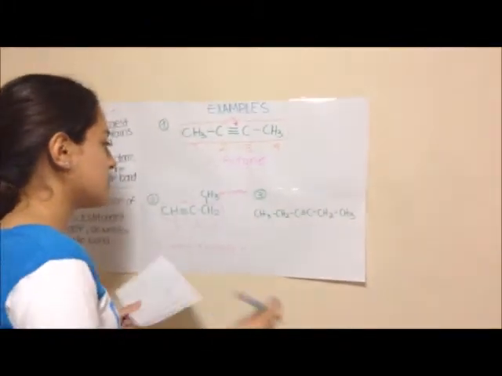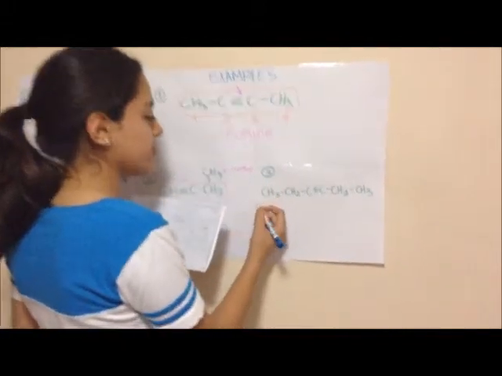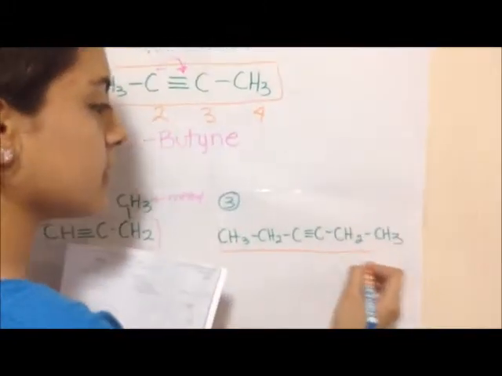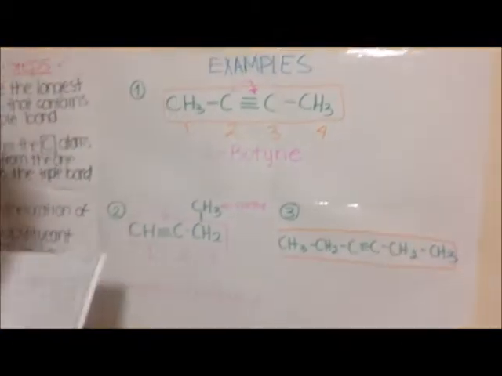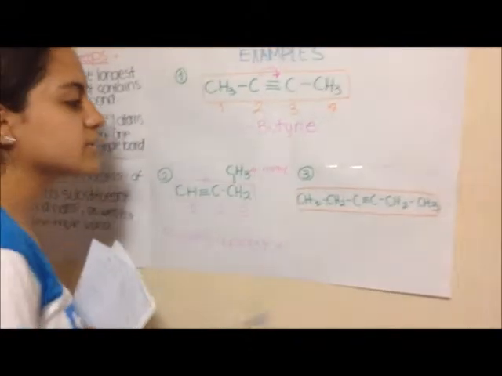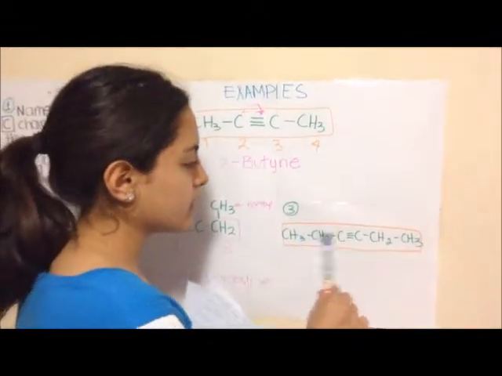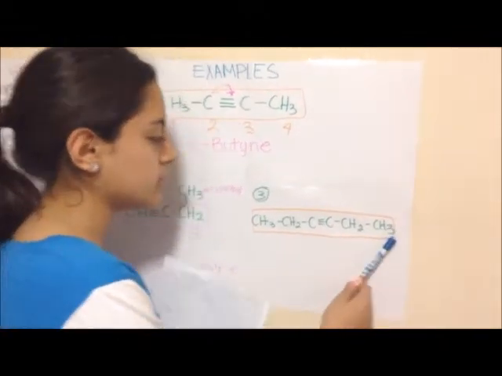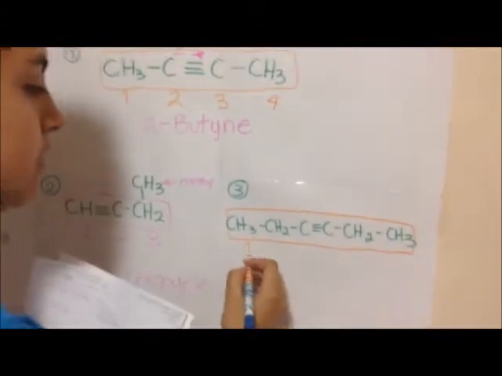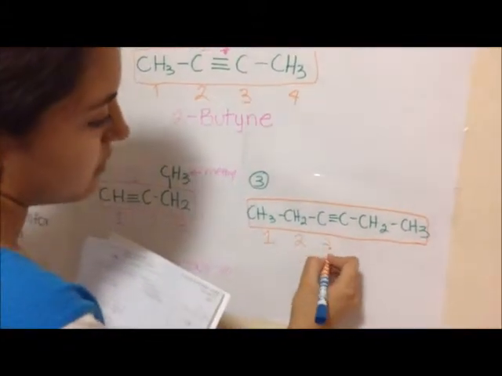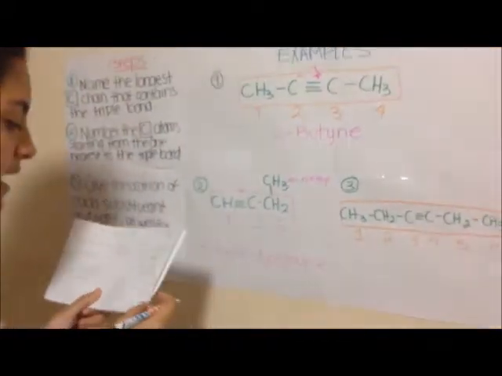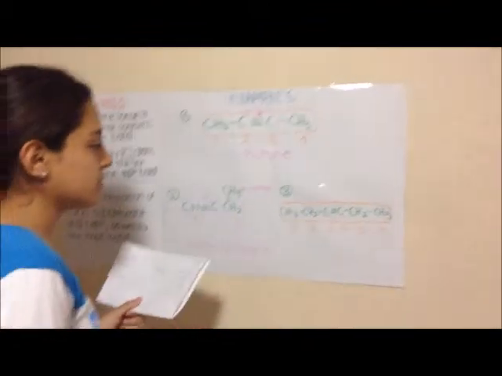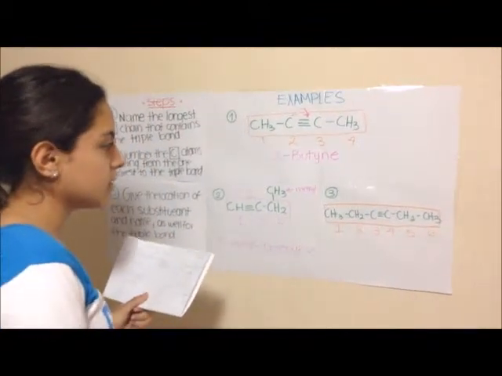The next example has no substituent, but it's the same. We need to find the main chain, the longest chain of carbon atoms, and then we need to number them starting from the one that is closest to the triple bond, but in this case there are 6, so it doesn't matter the order. I'm going to start from this side, from left to right, 6 carbon atoms, and then we have to give the location for the triple bond.